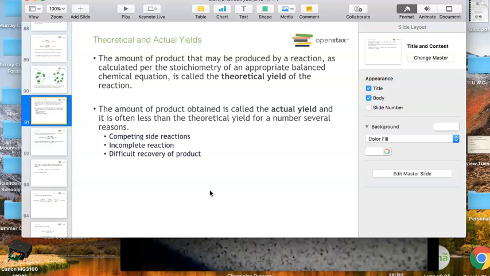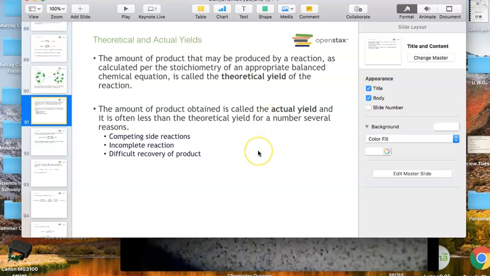The amount of a product that can be produced by a reaction as calculated by the stoichiometry of a balanced chemical reaction is called the theoretical yield of the reaction. So anytime you're calculating something on paper, starting out with a balanced chemical reaction and not experimental values, that's going to give you a theoretical yield.